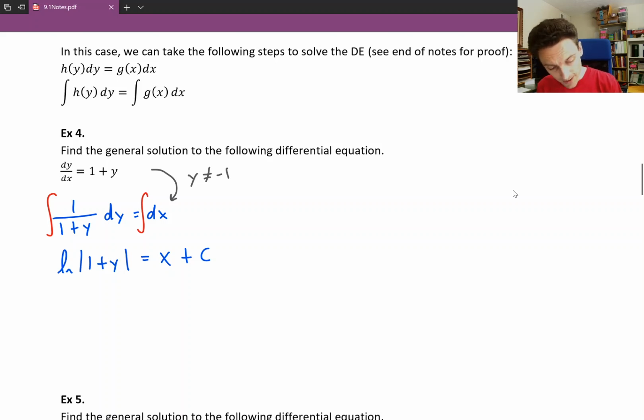So to solve for y, we need to undo that natural log that's keeping y hostage. We're going to apply the exponential function to both sides, and we get the absolute value of 1 plus y equals e to the x plus c.